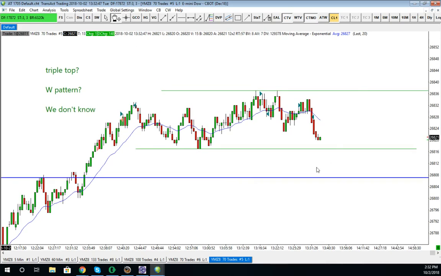But now we may be able to go long. It's very possible that this won't see this area and it can move up. But I'm going to wait.